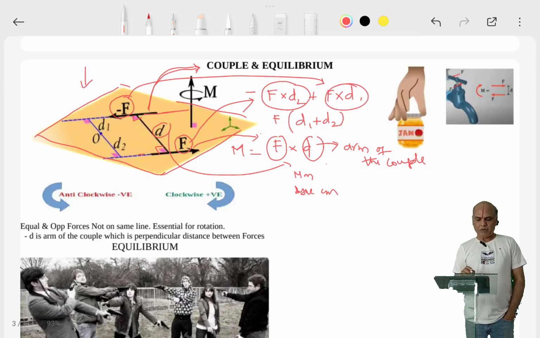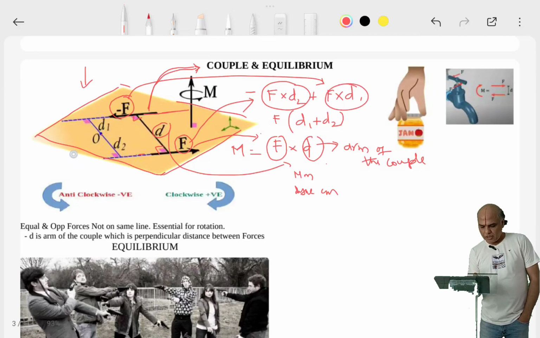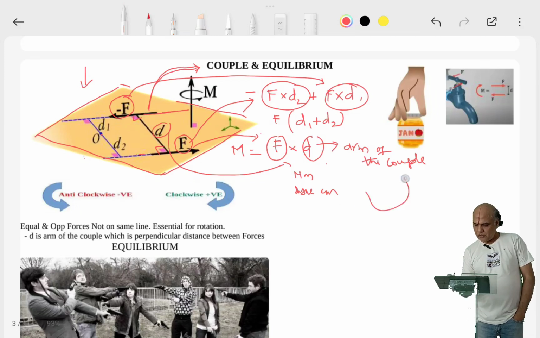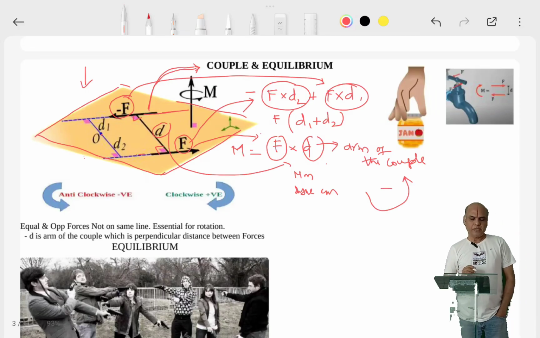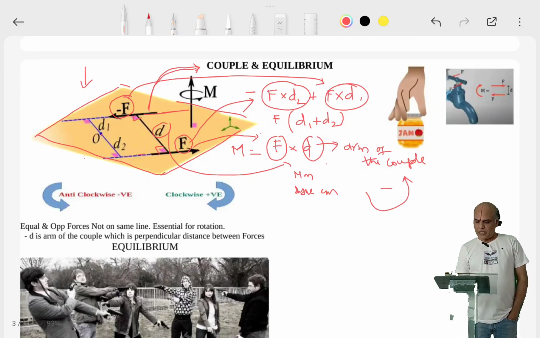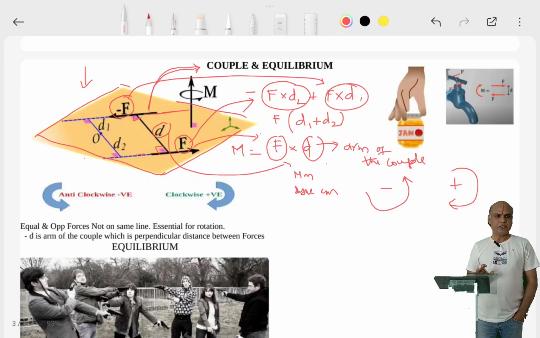So both are anti-clockwise, which means the body is rotating anti-clockwise. When the body is rotating anti-clockwise, the moment of couple is negative. And if the body is rotating clockwise, the moment of couple is positive. This is the sign convention.